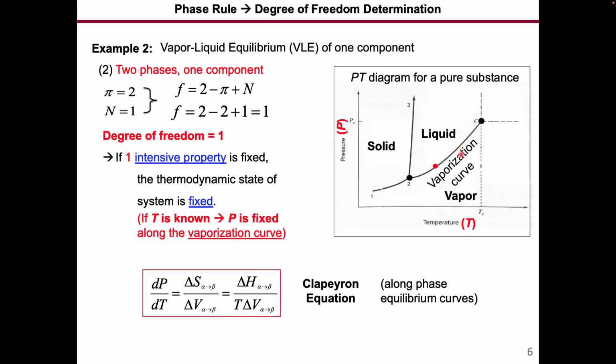So dP/dT is basically the slope at any instant point, and the slope can be calculated from delta H divided by T delta V, okay? Again, we are not going to go through it, but if you're interested, you can read the additional slide to figure out why we have this particular slope.